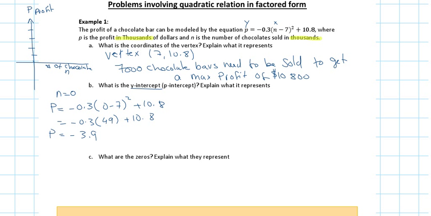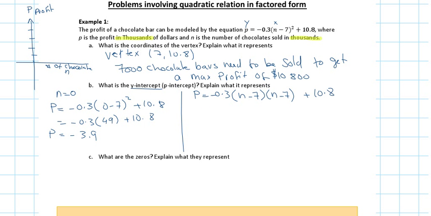Now, if I want to do it the other format where I have to expand, P equals negative 0.3 (n minus 7), you write it twice, plus 10.8. You guys remember that? To expand this, you write it twice.